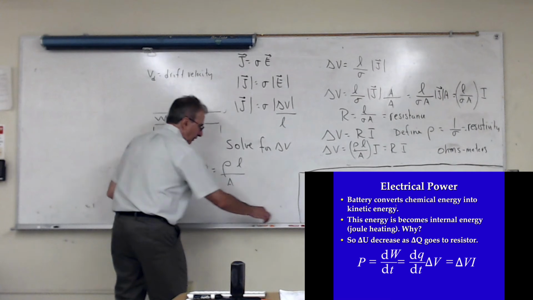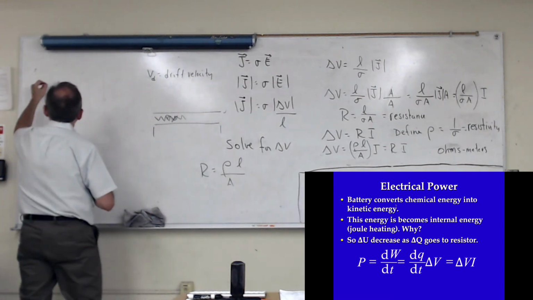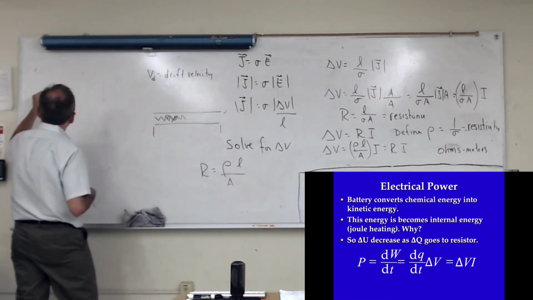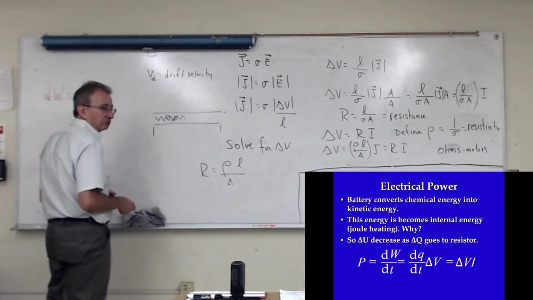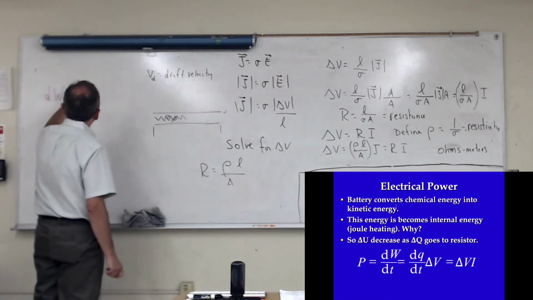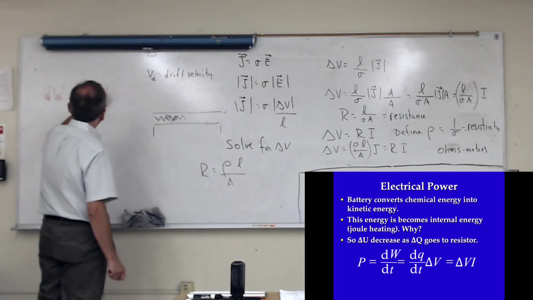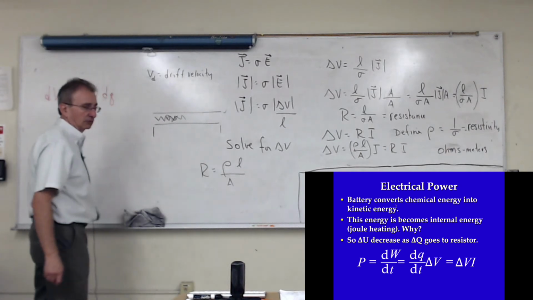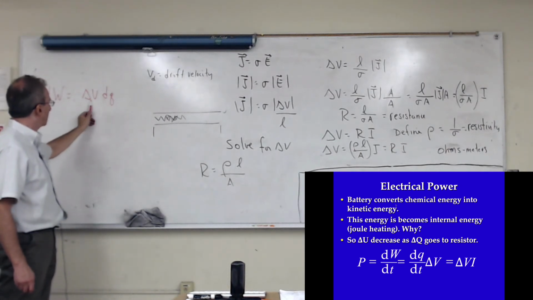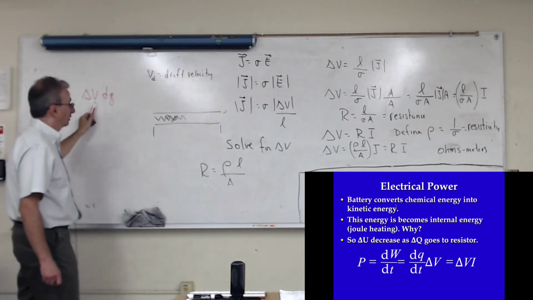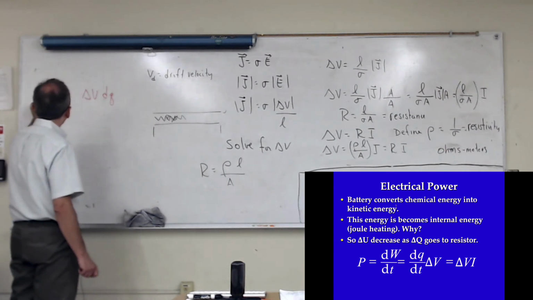The work done in moving a charge is just going to be delta V times dQ, because you're moving a small amount of charge, dQ, over delta V. I want to know what it is per unit time.